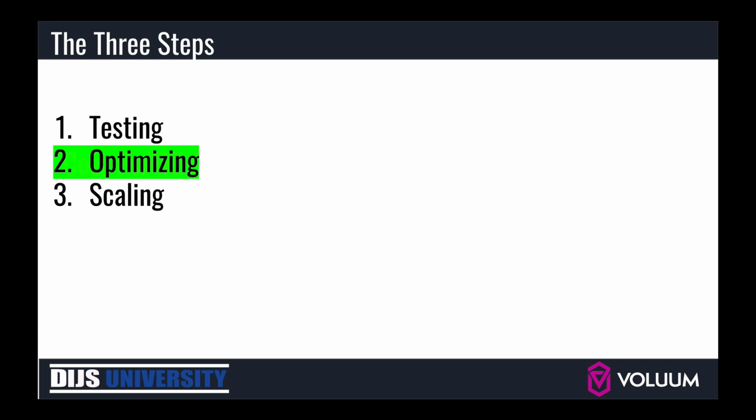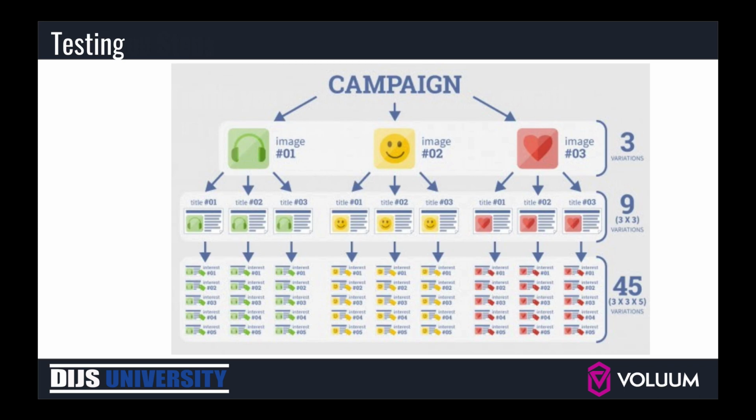I will show you. So the testing is quite simple, right? We have a campaign with 3 images and 3 headlines per image, which basically gives you 45 different variations. And the variations are very important because with the testing, it basically comes down to looking what will work or appeal to your desired audience.